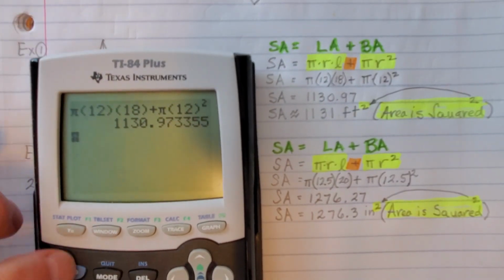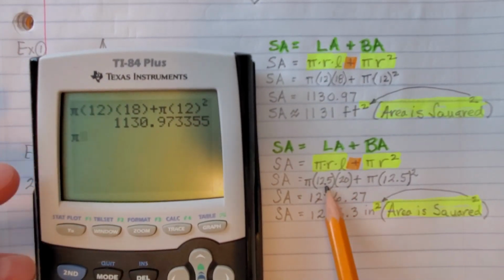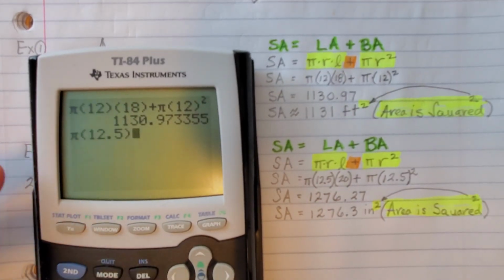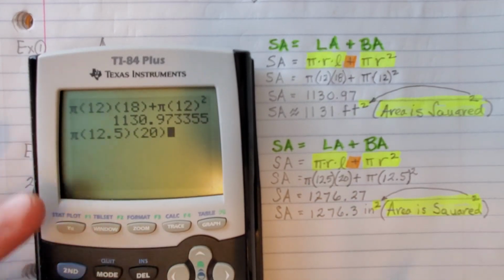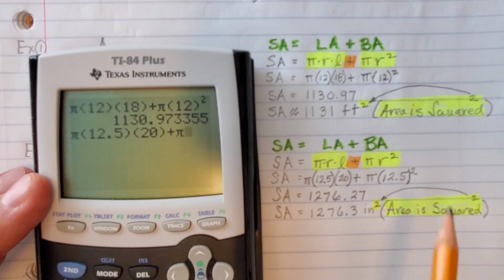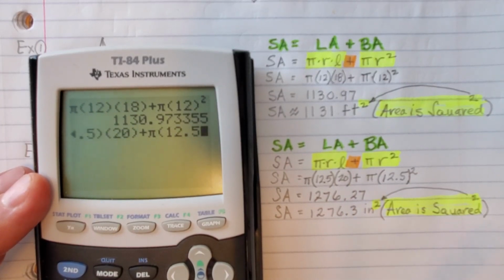You should have pi, and all you're doing is substituting in 12.5, so parentheses 12.5, parentheses, and then the slant height was 20, so parentheses 20, plus the pi r squared, because that's the area of the circle, so pi r squared, so parentheses 12.5, parentheses, and you square that.